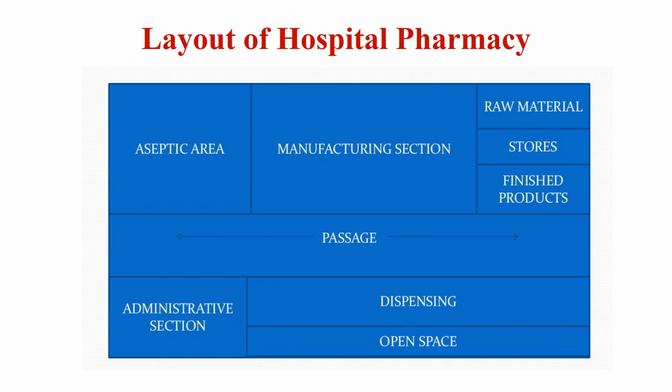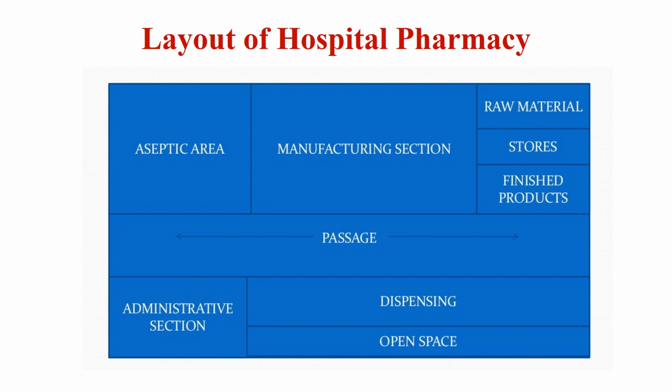The manufacturing section is for the manufacturing of medications, the raw material store is for the materials which are stored in these sections, and then the passage, administrative section, dispensing and open space. So in hospital premises, patients and staff can easily approach it, in a multi-storey building on the ground floor, especially the dispensing unit.